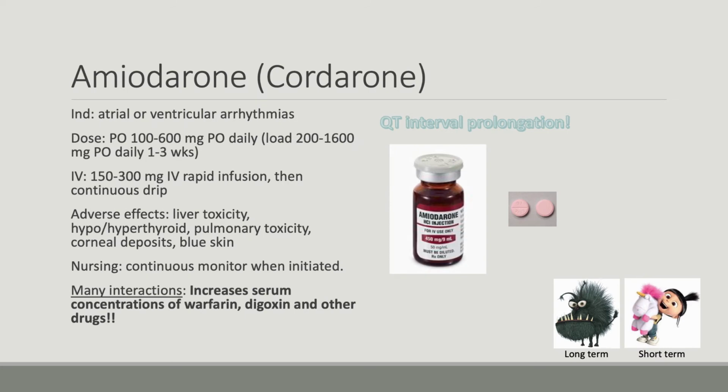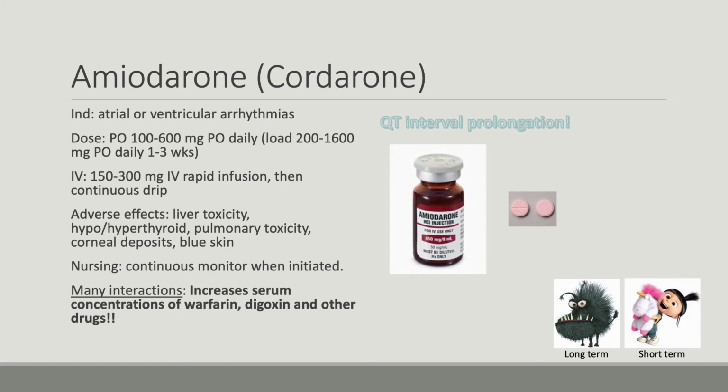All right. Now amiodarone is a class 3 antiarrhythmic. Now look at this. It has Kyle and it has the unicorn. Well, why is that? The reason is that we love amiodarone in the short term. It's safe.